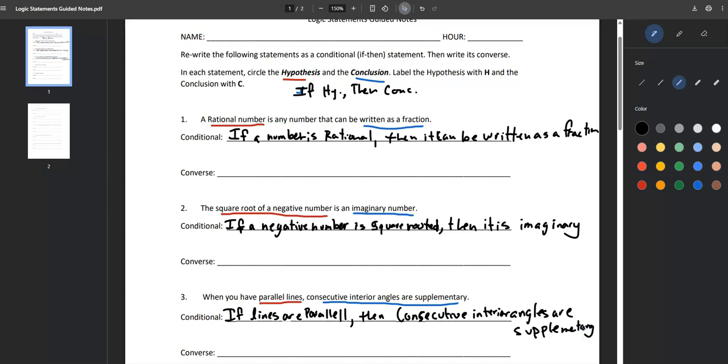So this should be pretty standard as you go through these, just making the sentence sound good. And if you structure it a little bit differently, that's all right. Just make sure the hypothesis is after the if, and the conclusion is after the then.